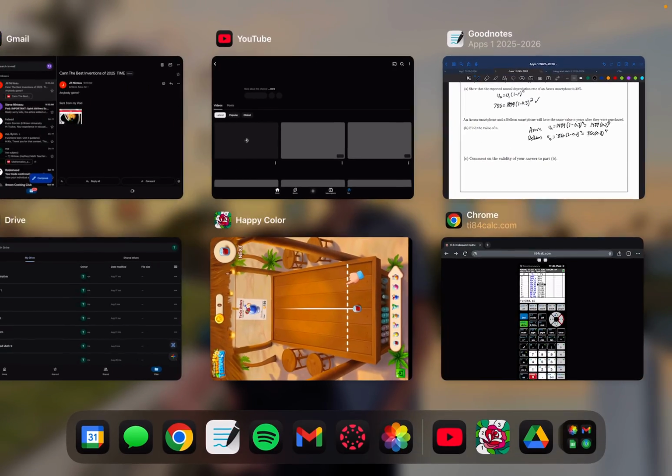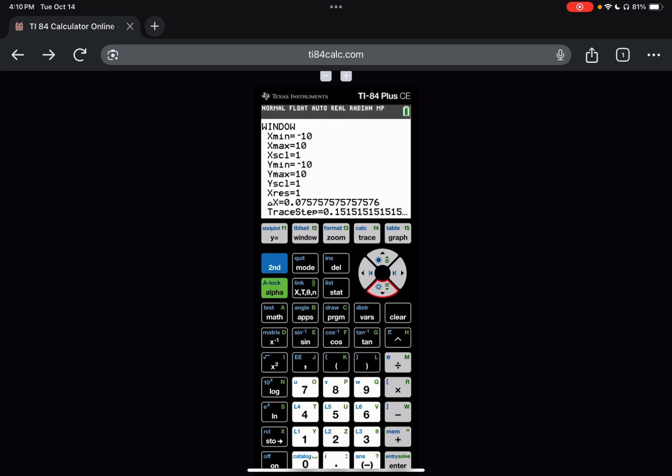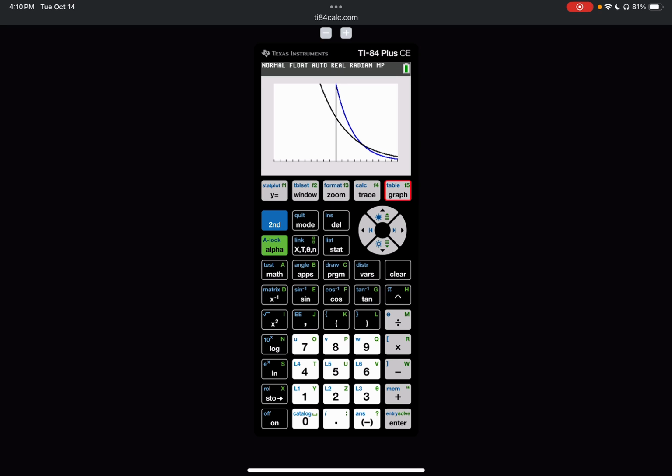So if we want to find the exact value of n, this is where we can do the intersection. So we can go window, x max, x min, that's fine, but let's change our y max to be 1500. And then we can go graph, second, trace, intersect, there, and there.